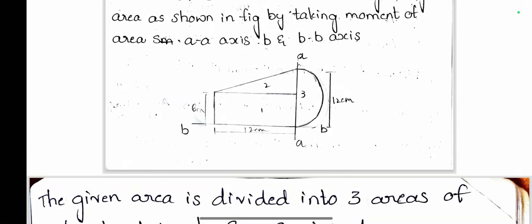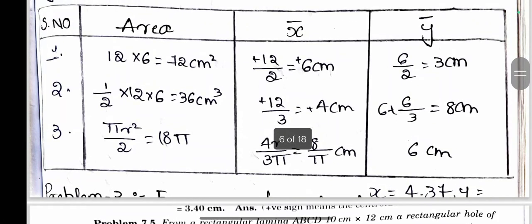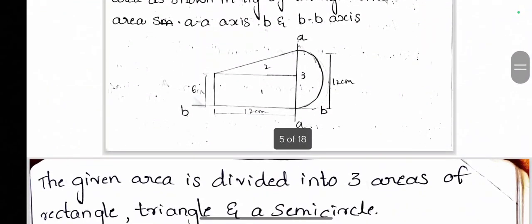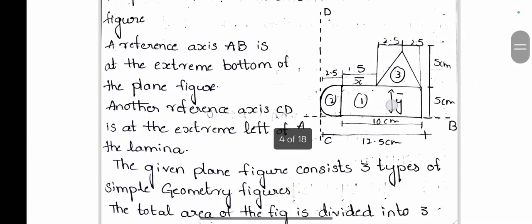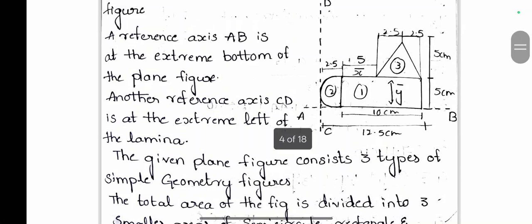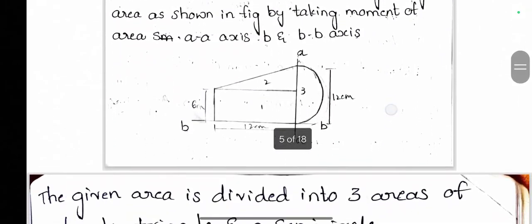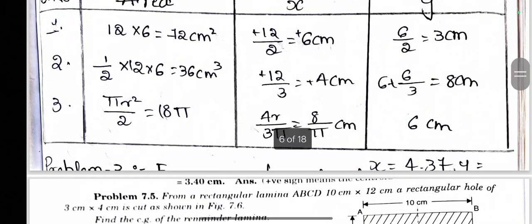Here we are seeing from the adjacent side, so it becomes h by 3, which is 12 divided by 3 equals 4 centimeters. Next is semicircular. In the previous problem, we considered the semicircular from the arc side, so it became r minus 4r by 3 pi, but here we are considering it from the center of the semicircle, so the formula becomes 4r by 3 pi, which comes to 8 by pi.